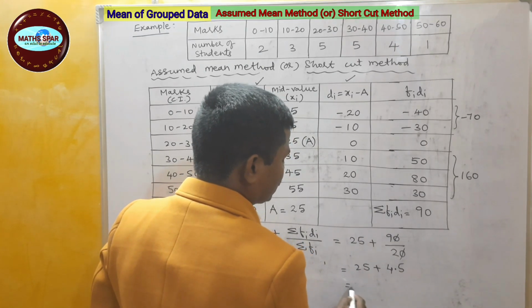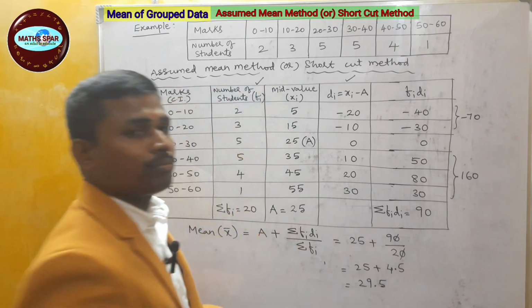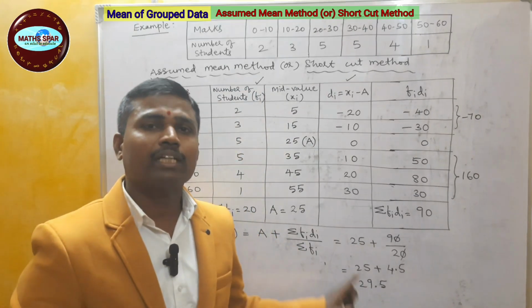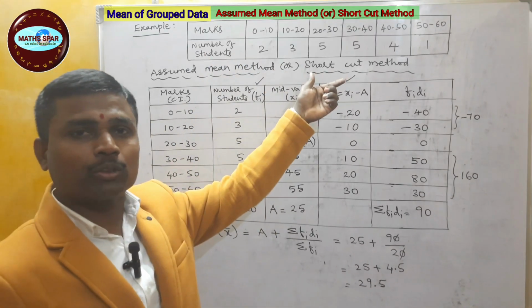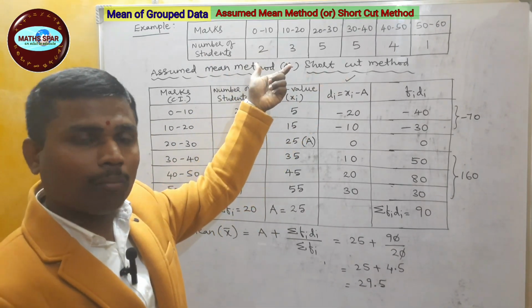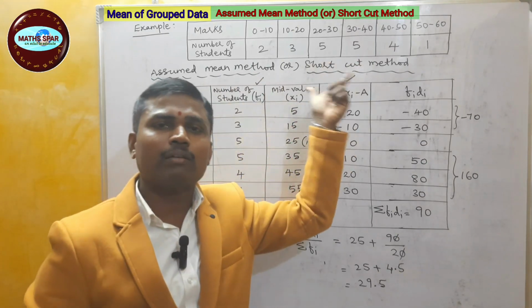So the answer is 29.5. So 29.5 is the mean of the given frequency distribution in class interval form by assumed mean method or shortcut method.